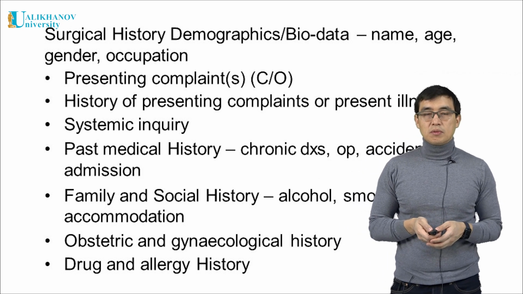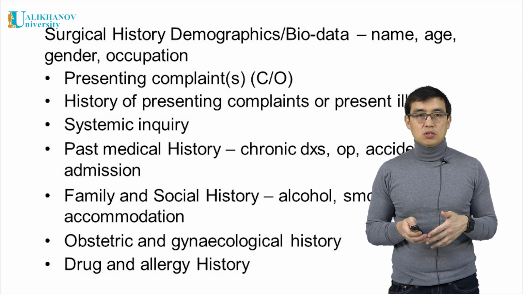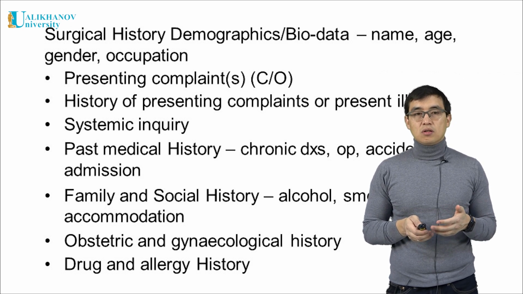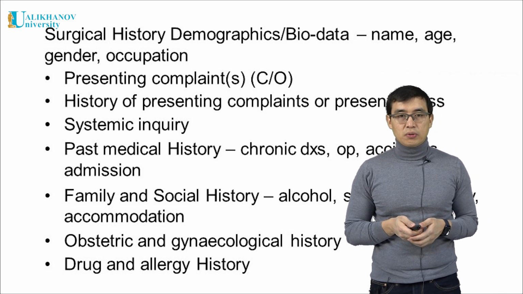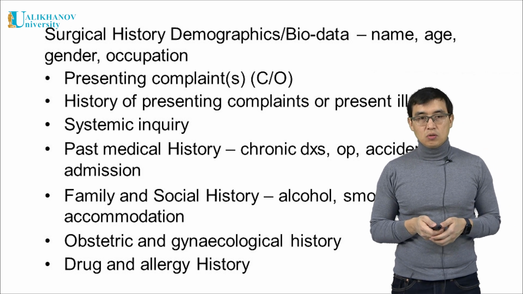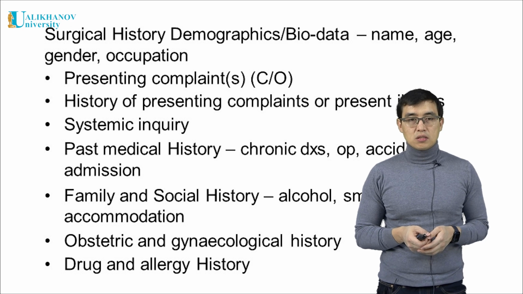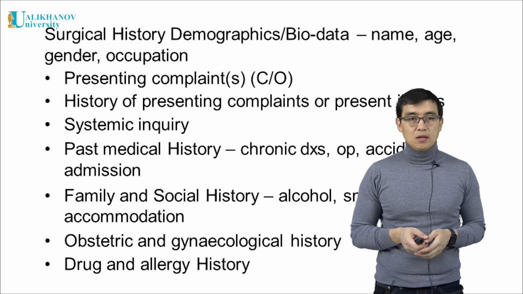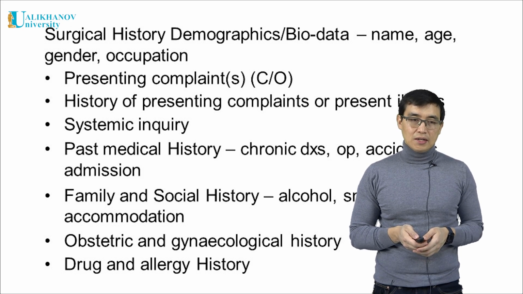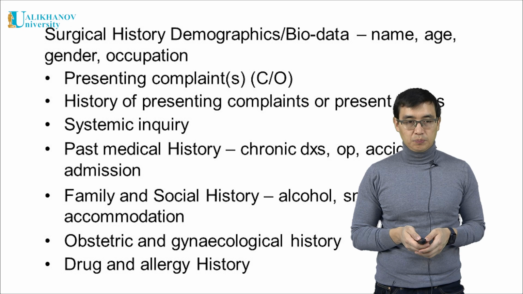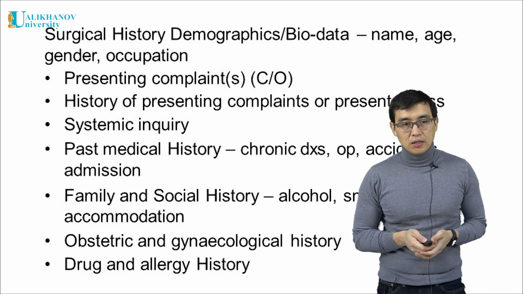Surgical history, or demographics, or biodata, of course: name, age, gender, occupation. Presenting complaints, we ask about complaints, history of presenting complaints or present illness, systemic inquiry, past medical history, we ask about chronic disease, operations, accidents, admissions, family and social history, about alcohol, smoking, mobility, accommodation, or other bad habits, obstetric and gynecological history for females, and drug and allergy history.